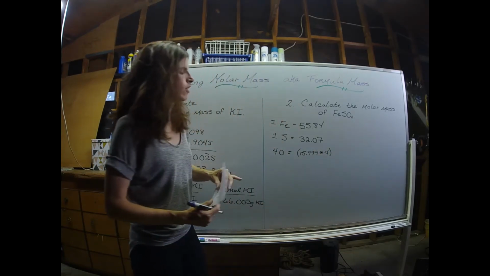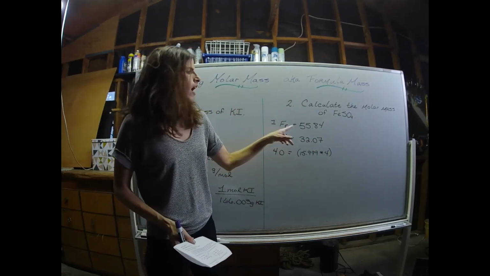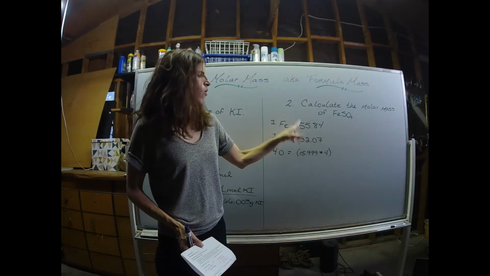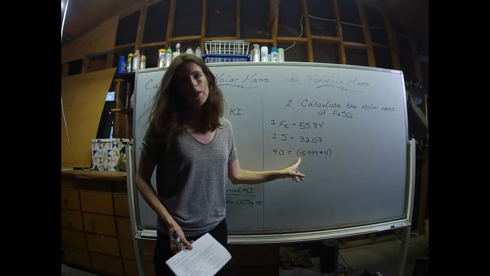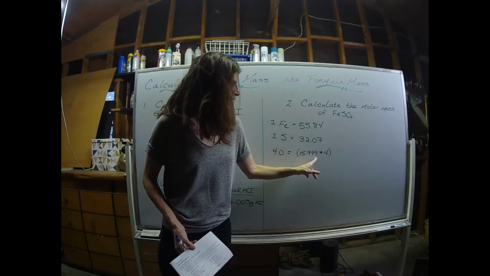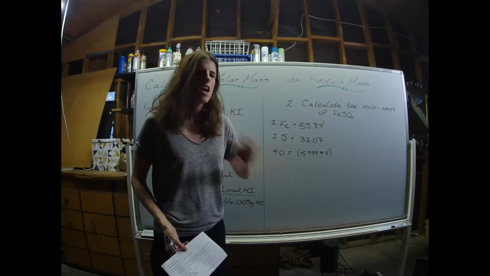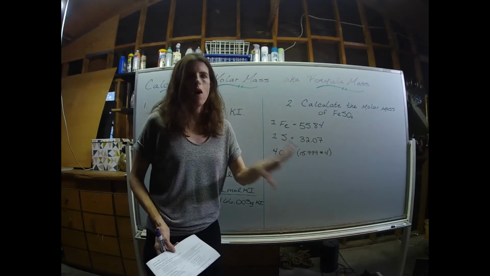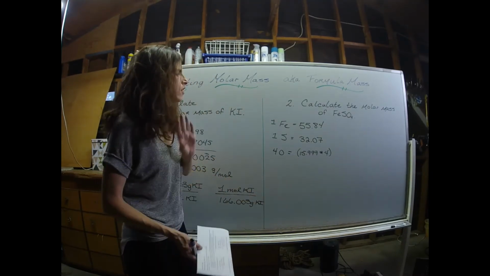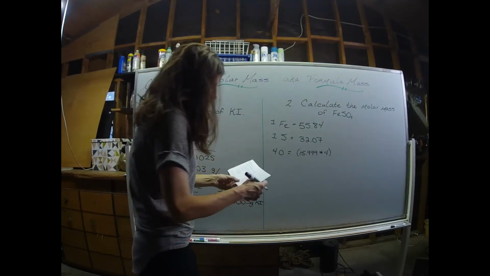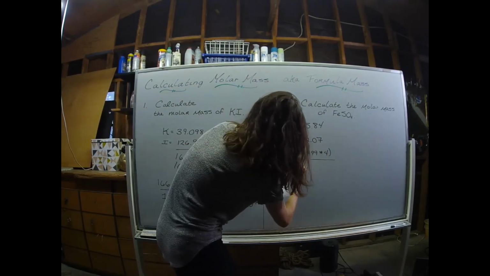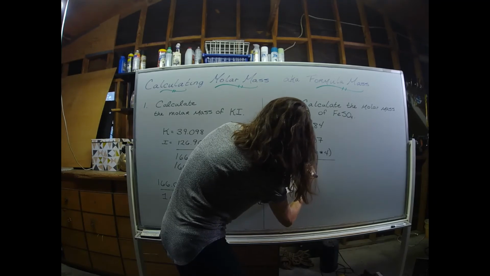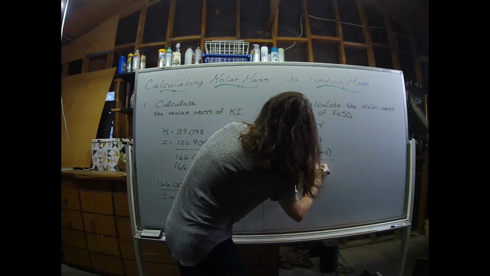So in my calculator, and this is why I have parentheses here, I would type in 55.84 plus 32.07 plus, and then I would open up my parentheses, do 15.999 times 4, and then close the parentheses. I'm going to put all that in just one step in my calculator. Just makes life easier. And when I did that, I got a value of 151.906.